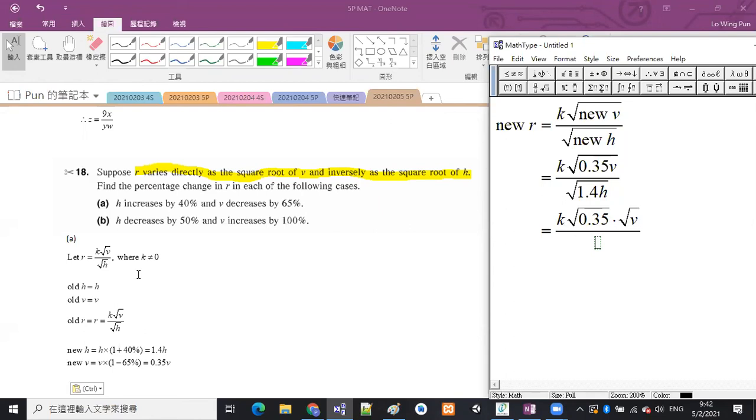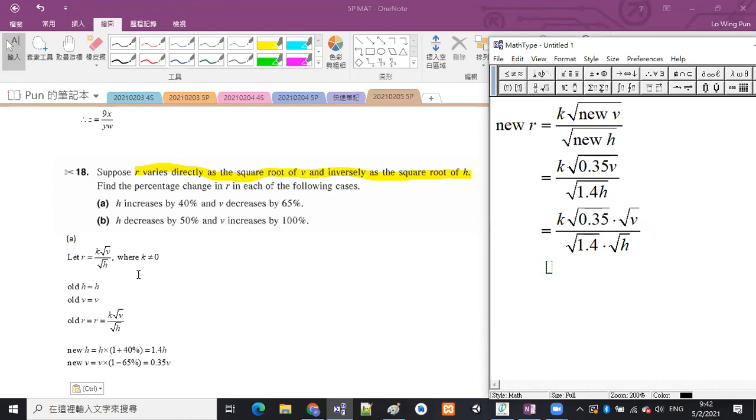And then for the bottom part, again, we split the number out from the h. So it should be square root of 1.4 times square root of h. Okay?